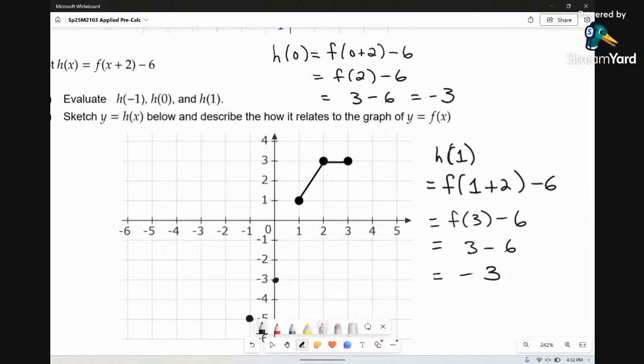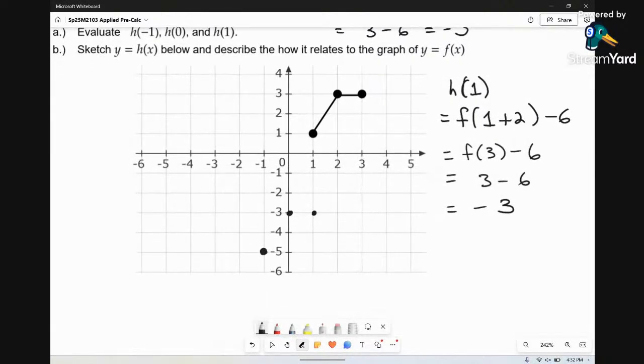And that's the end of that story. So 1 outputs -3, and -1 outputs -5. And those are 3 points on H. Just to further emphasize it, here's Frank, the original function, F, and now Harry, or H, is over here. Clearly, there's been a transformation. That's what we mean. Transformation is something happened. Well, what exactly happened?